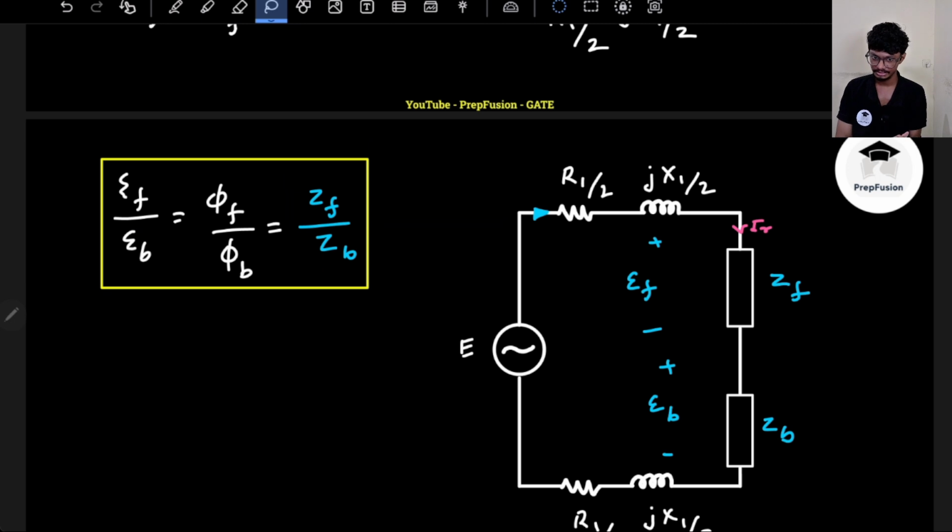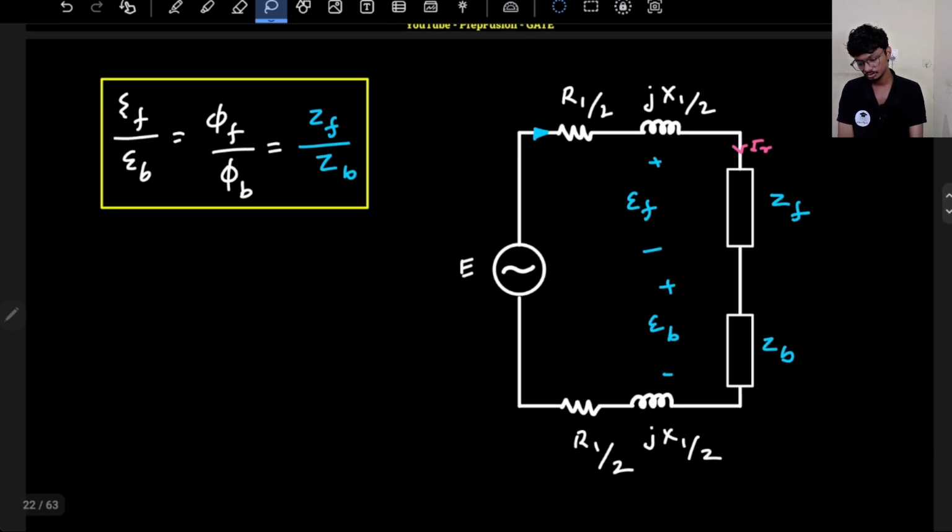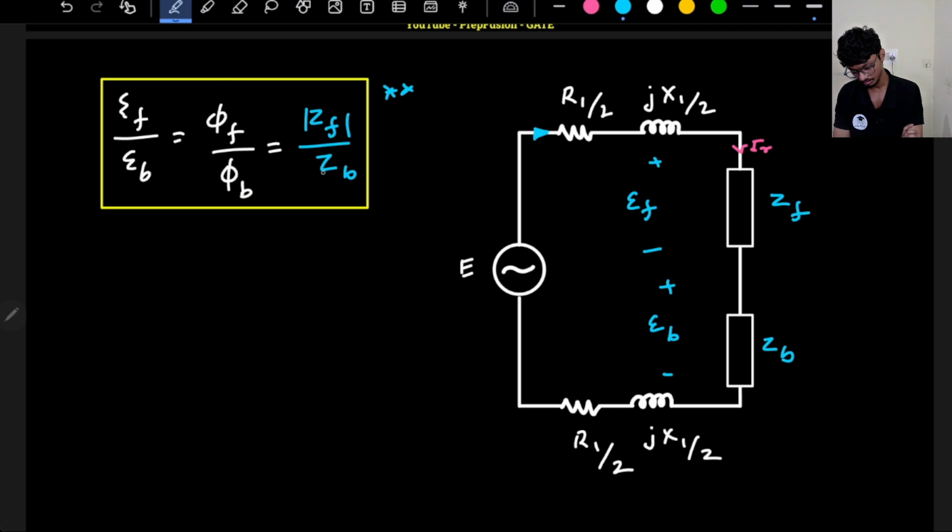That is the case over here. This is also another very important relationship that you must know. If they ask you for the flux ratio of the forward field and the backward field, you simply have to find the impedance ratio. This will be the magnitude, because we will not take care of the phase. The magnitude will depend on it.